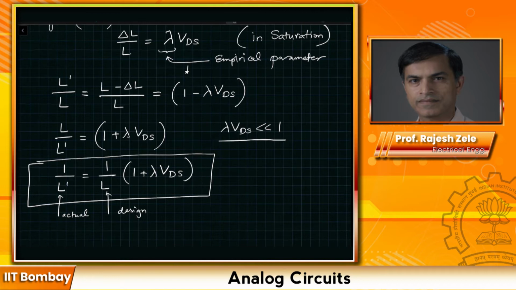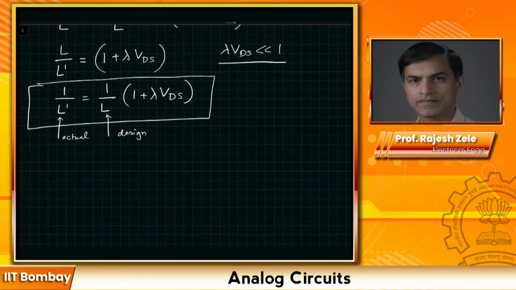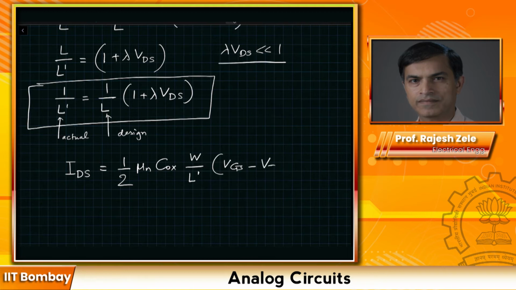If you remember the original saturation equation, let's write that again. This saturation region equation, you should commit to memory because we'll be using that over and over. IDS is given by half mu n Cox W by L prime times VGS minus VTH squared.